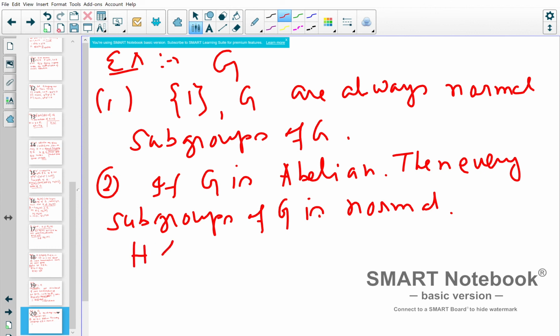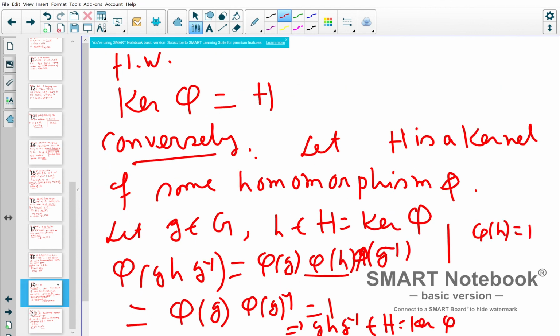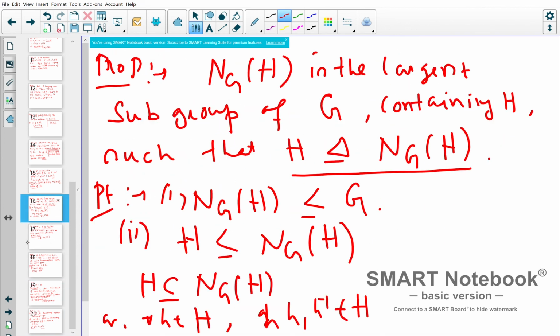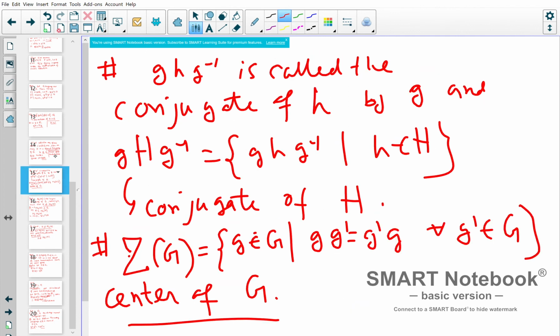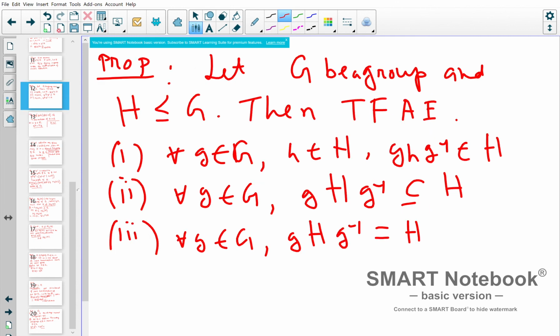For any subgroup H, you write down g H g inverse, and G is abelian, which means they commute, so this is nothing but H. Note that here these are equal as sets, not pointwise.